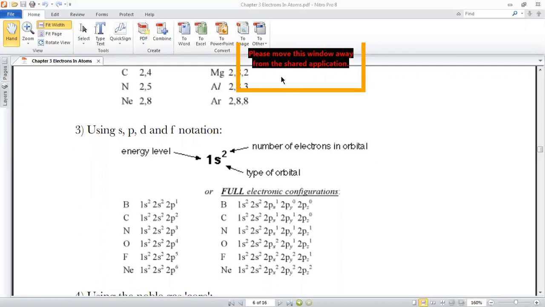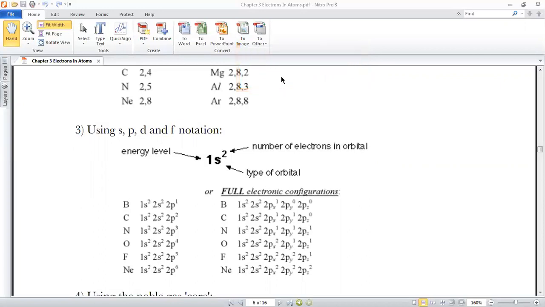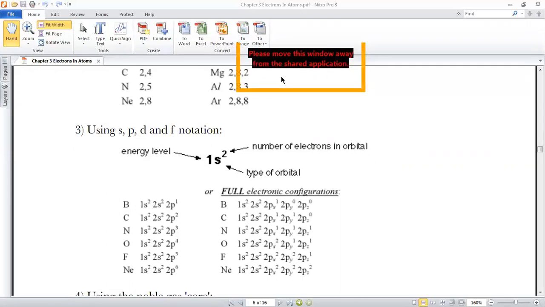The s subshell is the s orbital, and the s orbital can have only 2 electrons. The p subshell has 6 electrons because it has 3 orbitals, px, py, and pz, so 2 multiplied by 3 gives you 6 electrons. Similarly, the d subshell has 5 orbitals, as we have studied in the previous class.